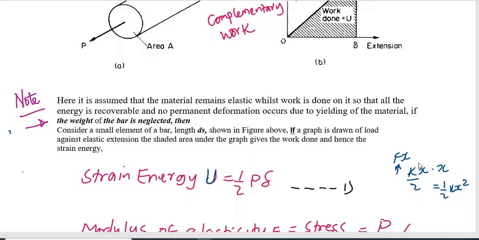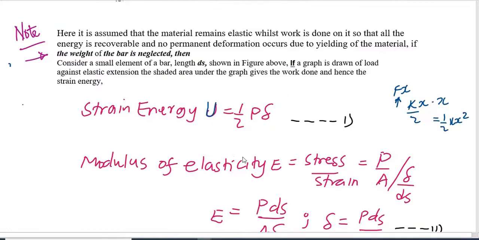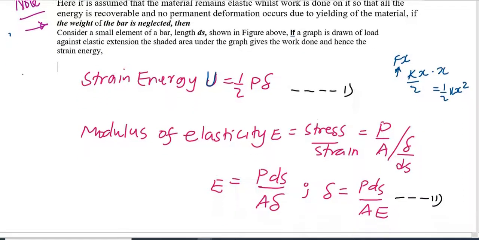Now, in this particular case, we are using P as the force. Since this is an elastic material, we shall take half the average of this force, times the extension of that material. Therefore, U is equal to half P times the small change in dimension, which is the extension δ.